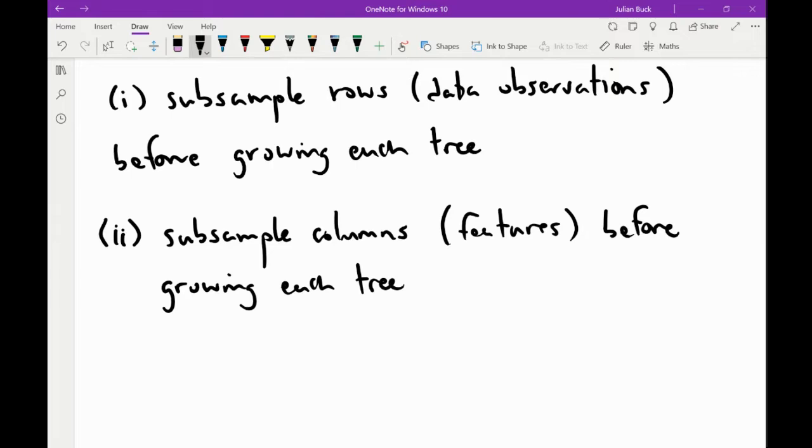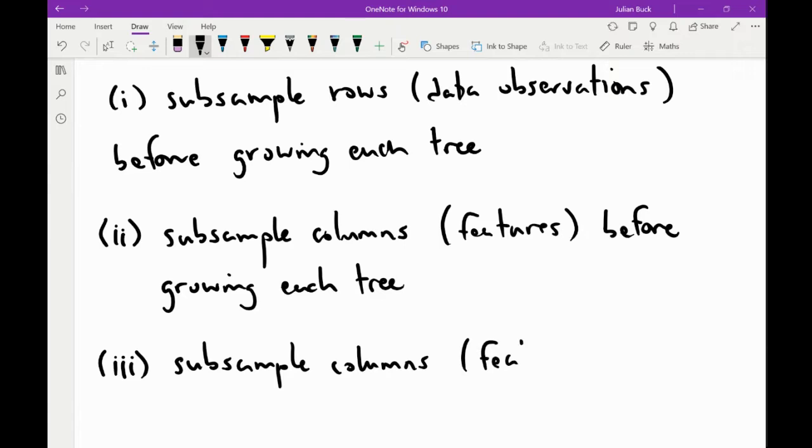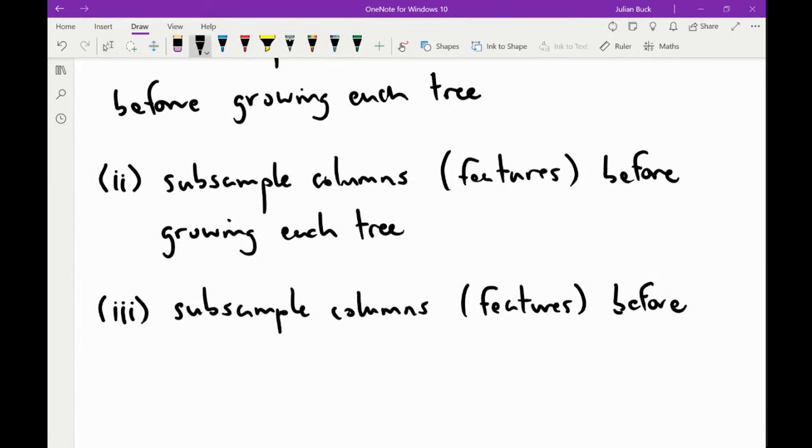So the idea here would be when we grow the tree, we only look at a certain subset of the features for the splits. And the third is essentially the idea of the split-level randomization in random forests: subsample columns, so features, before considering each split.